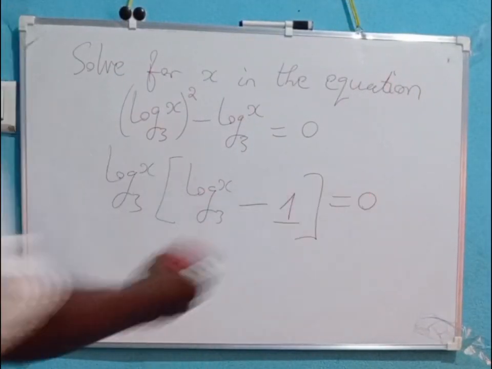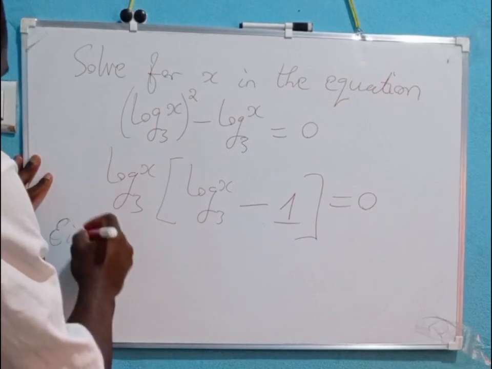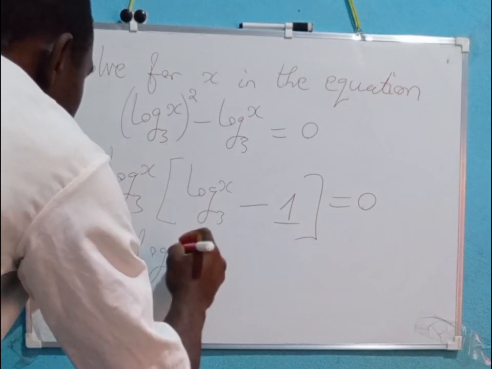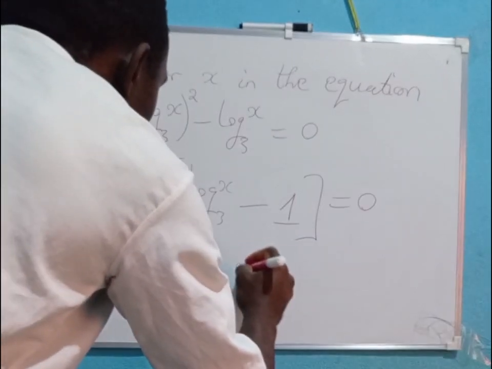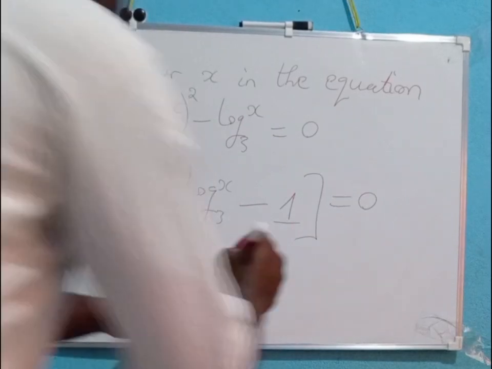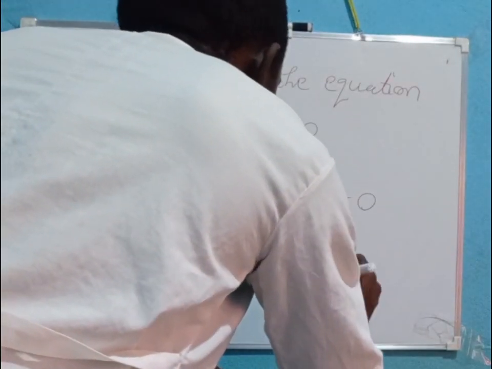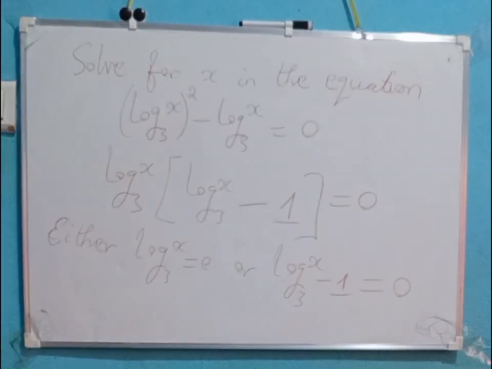For this product to be equal to 0, either log x base 3 is equal to 0 or log x base 3 minus 1 is equal to 0.